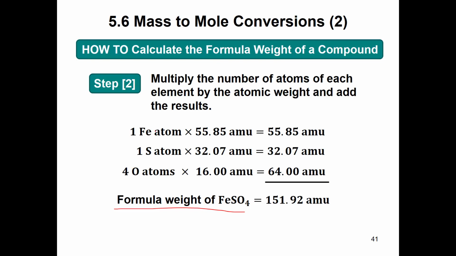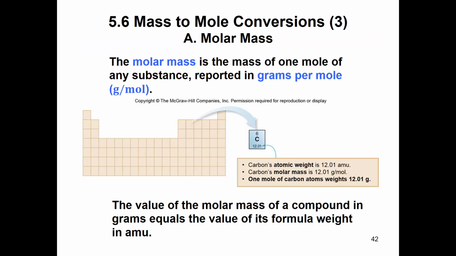So 1 iron atom is times 55.85 AMUs, and that comes directly from your periodic table. 1 sulfur is 32.07, and then I had 4 oxygens, so 4 times 16 AMUs is 64. Then I add them all up, and the formula weight for FeSO4 is 151.92 AMUs. When you're doing this, you want to keep your decimal places and your significant figures.